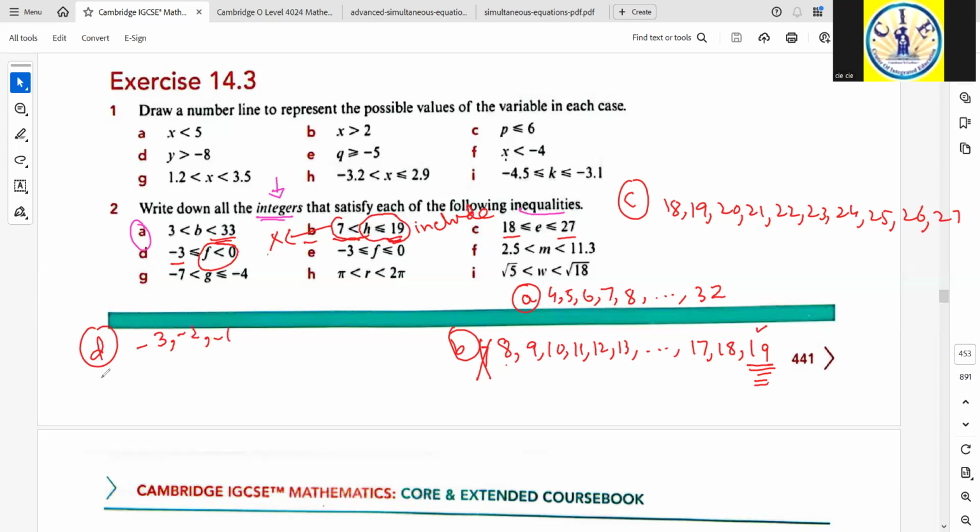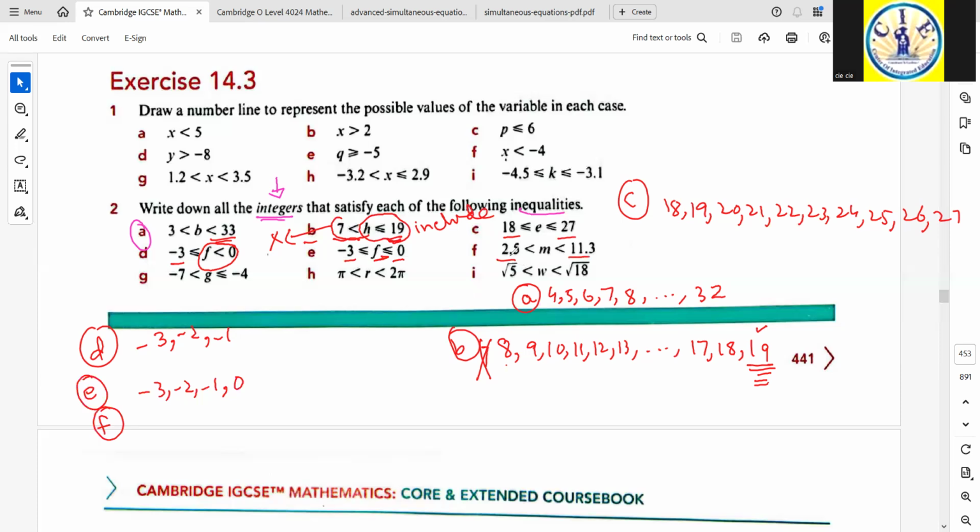For part E, we need to have -3 and 0 both inclusive. -3, -2, -1, and then 0 because of this inequality. And then for part F, 2.5 till 11.3.